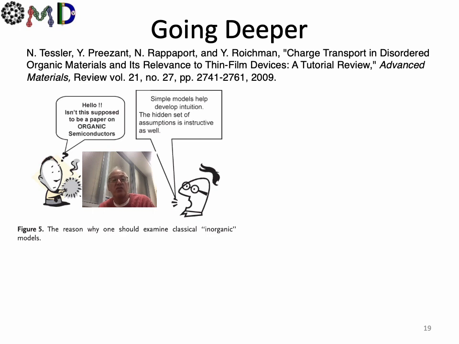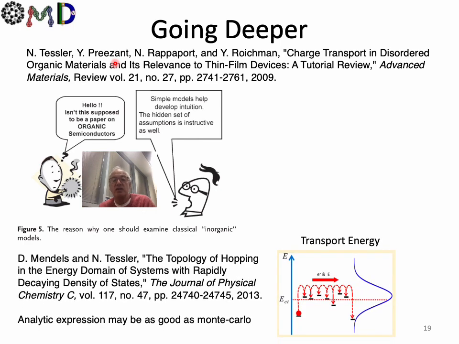If you would like to go a bit deeper into transport, there are a bit more details in a review paper that I wrote a long time ago. There are quite a few models by different authors. We have added since another contribution which I like. Maybe you will like it too.